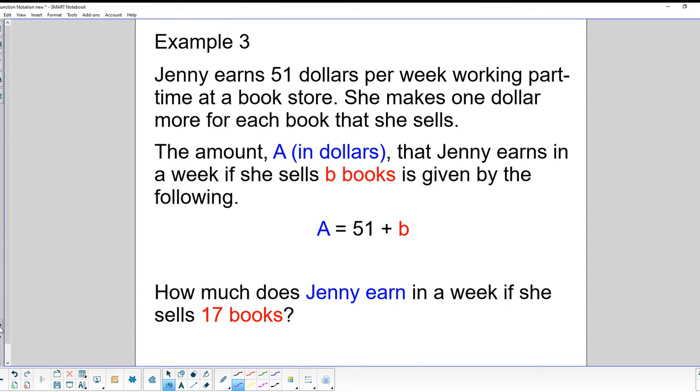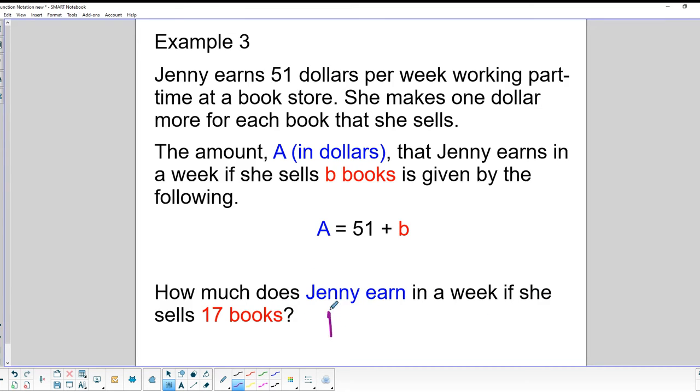Okay, so we could also look at a word problem and kind of see something like this. Jenny earns $51 per week working part-time at a bookstore. She makes $1 more for each book that she sells. The amount A in dollars that Jenny earns in a week if she sells B books is given by the following. A equals 51 plus B. How much does Jenny earn in a week if she sells 17 books?